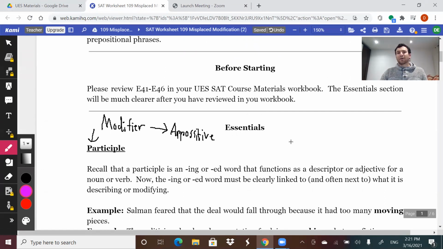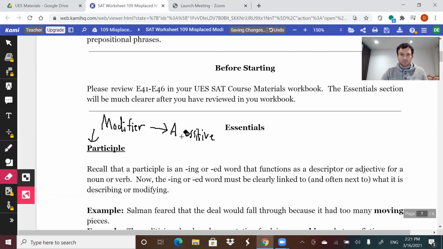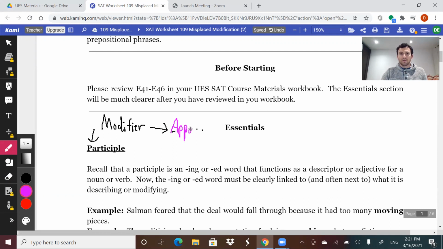So a modifier is some type of descriptor. It's some type of adjective phrase. So an example could be a participle, or an appositive.